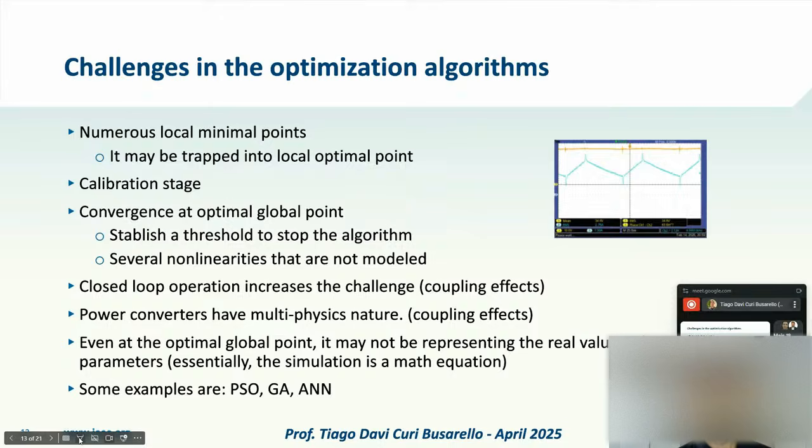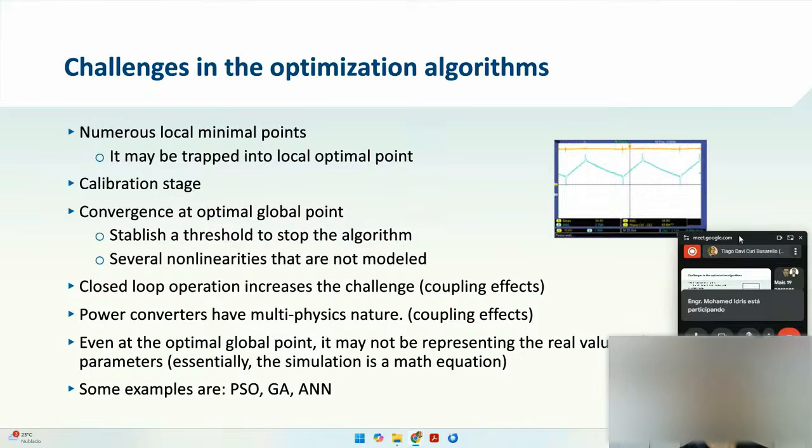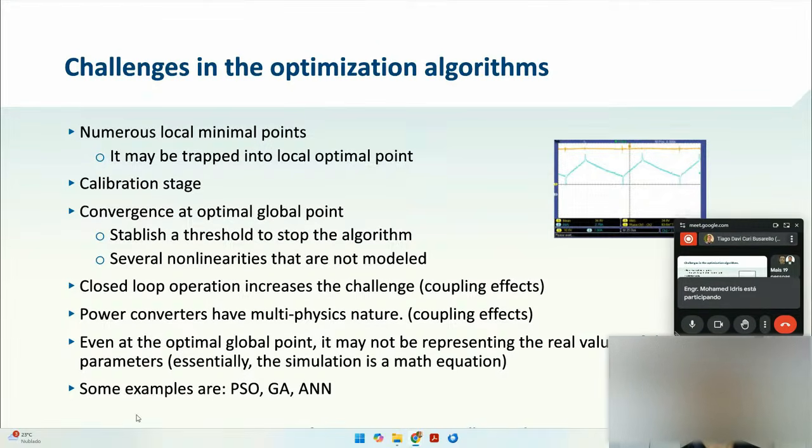Yes, that's good. Just to wrap up this slide, another challenge in the optimization algorithm is that even at the optimal global point, it may not be representing the real values of the physical converter, because essentially our simulation is a math equation and it may have several solutions. So we are not sure if the solution that the algorithm outputs is actually the one which represents reality.